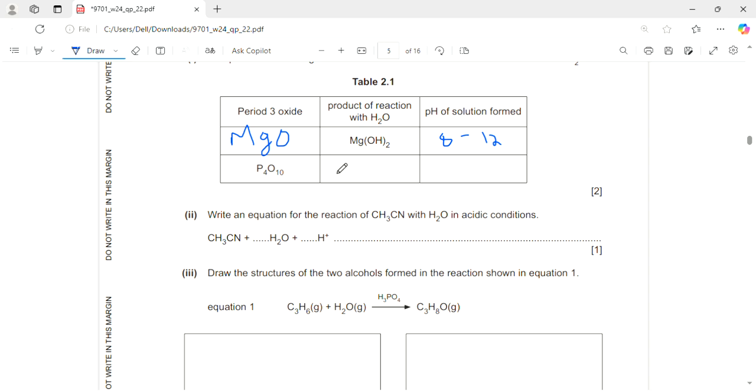So H3PO4. It's acidic. It's between 1 and 4.